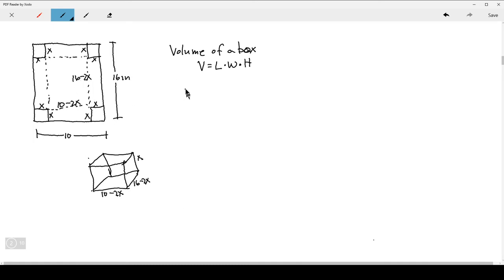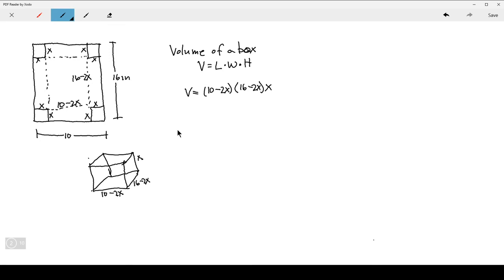So I can write an equation for the volume of the box, which is length, 10 minus 2x, times width, 16 minus 2x, times height, x. Now, we need to figure out the constraints for x, right?